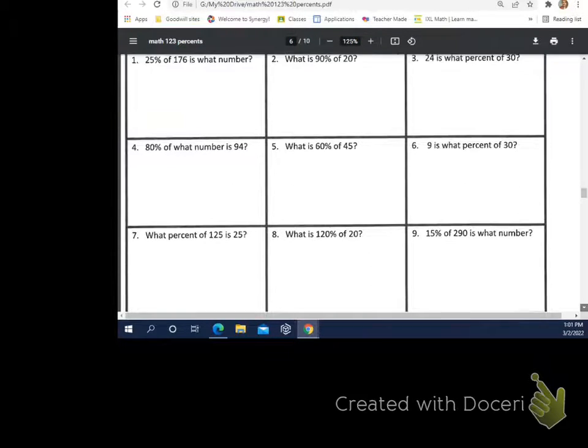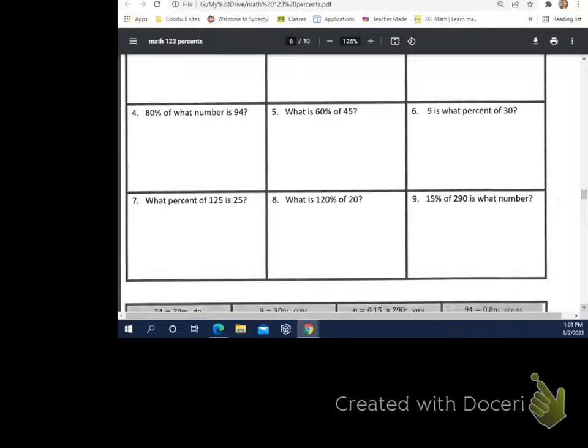So we can of course be looking for any of the parts. In number 4, we would be looking for our base or our whole. So 0.8 times something is 94.